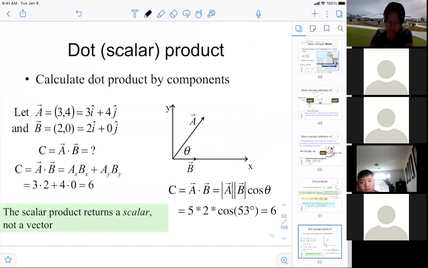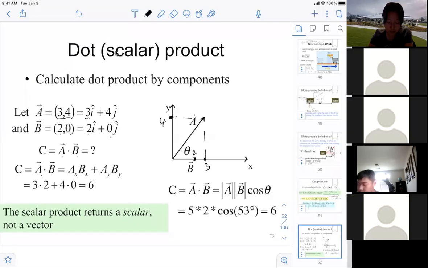Let's take a look at a concrete example. Let's say A is given like this: 3, 4. This notation means it has a 3 component in the X direction and 4 units of length in the Y direction. So 3 i hat plus 4 j hat. B is purely in the X direction, so 2, 0. So 2 units in the X direction and 0 units in the Y. How do you find C, as in A dot B? You can do it two ways.